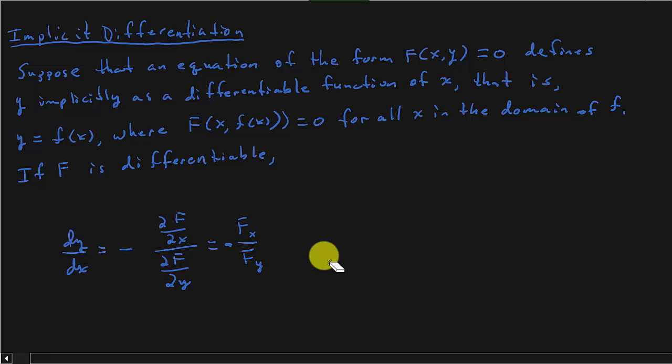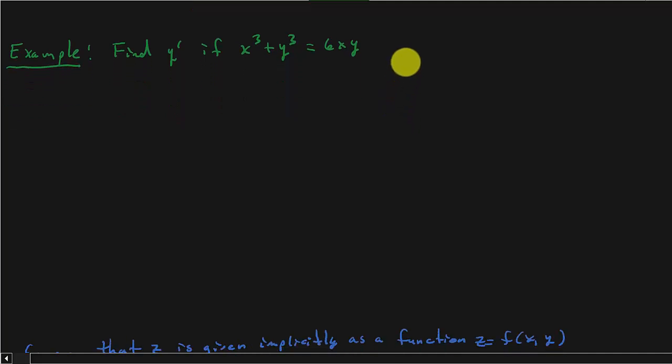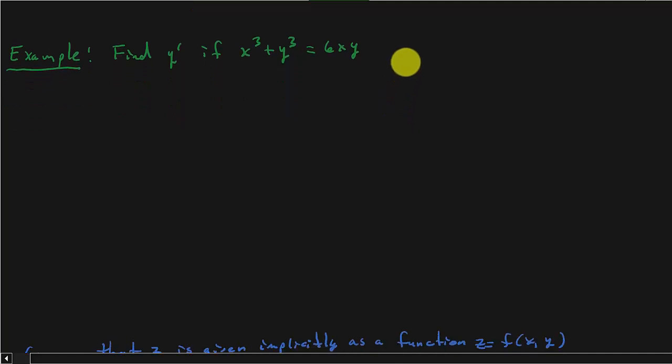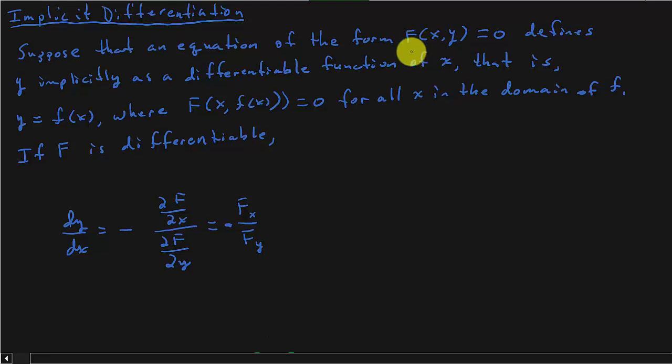Now, I'm going to show you in this example. Just watch how neat this is. All right. So remember up here what it says. If you have your function capital F is equal to 0.